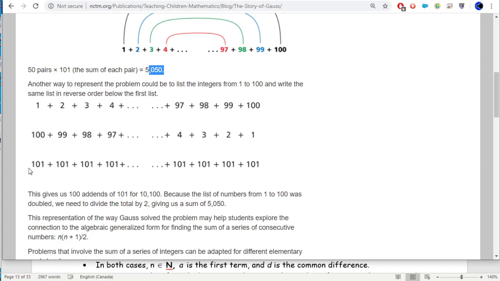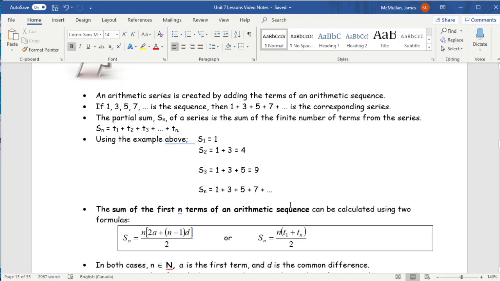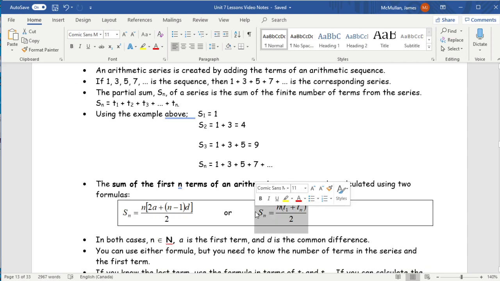You would get 100 terms of 101, which would add up to 10,100, which is exactly 2 times as big as the actual sum, because you've double counted all the numbers, so you have to divide it by 2. That gives us the formula for the sum of an arithmetic series: take the first term, add the last term, multiply by the number of terms, and then divide by 2, and that will tell you the sum of any arithmetic series.